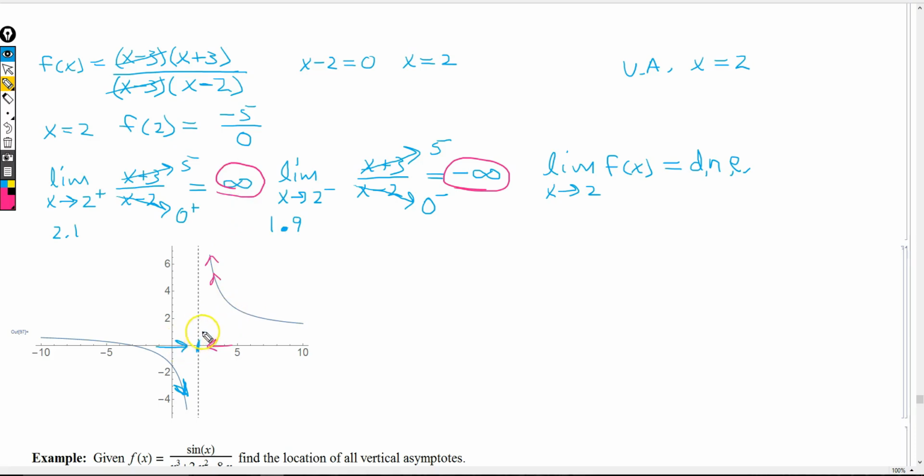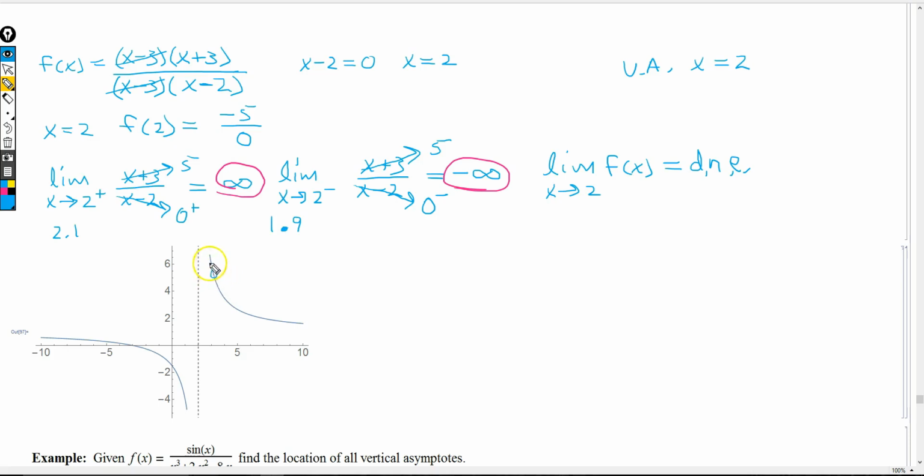The only thing our graph doesn't really pick up here is at x equaling 3. Let me just point this out. Right at x equaling 3, right here, we should really have a little open circle right there, because the function is technically not defined at x equaling 3.